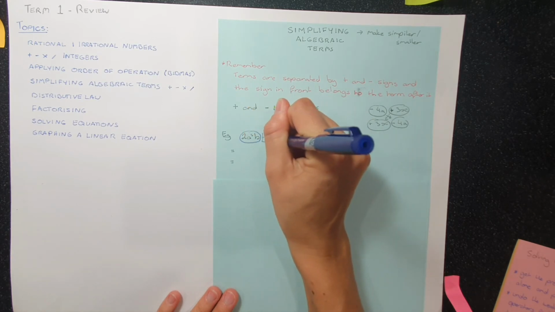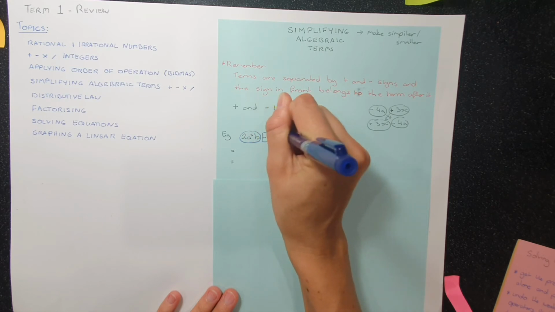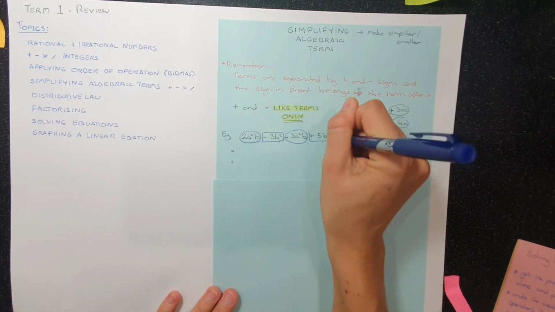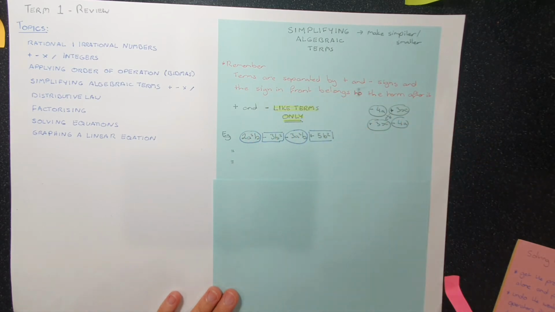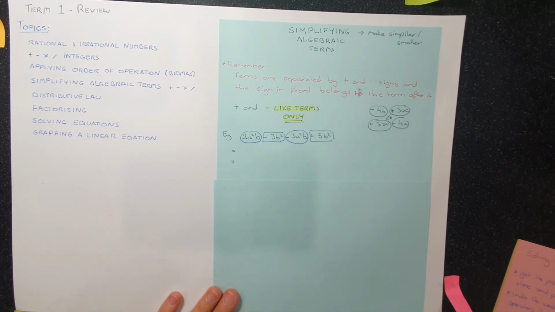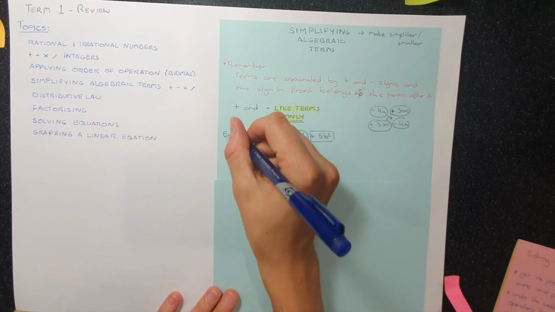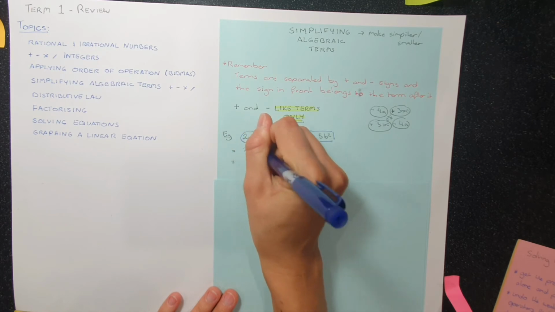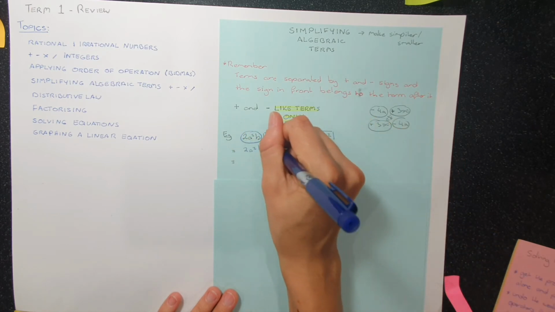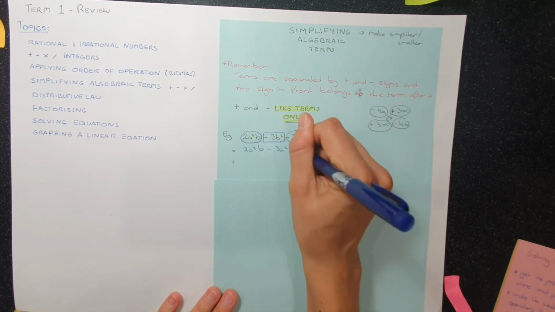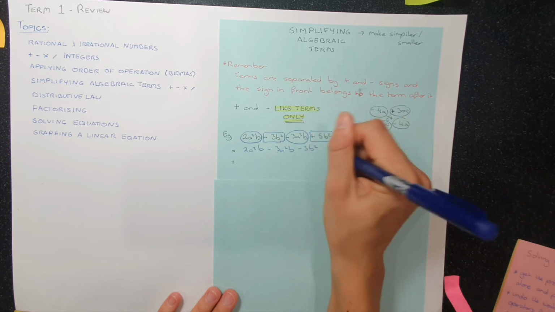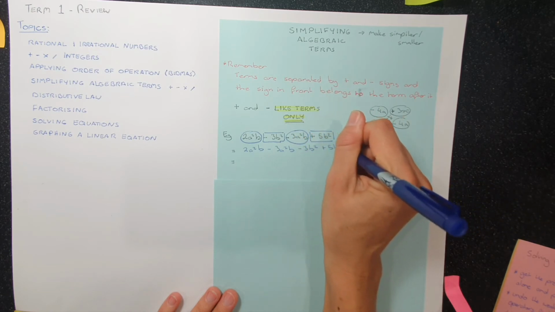So what I'll do is I will put a different shape around them. In my next line of working, I'm going to write my similar shapes next to each other. So I'm going to write down 2a squared b minus 3a squared b minus 3b squared plus 5b squared.